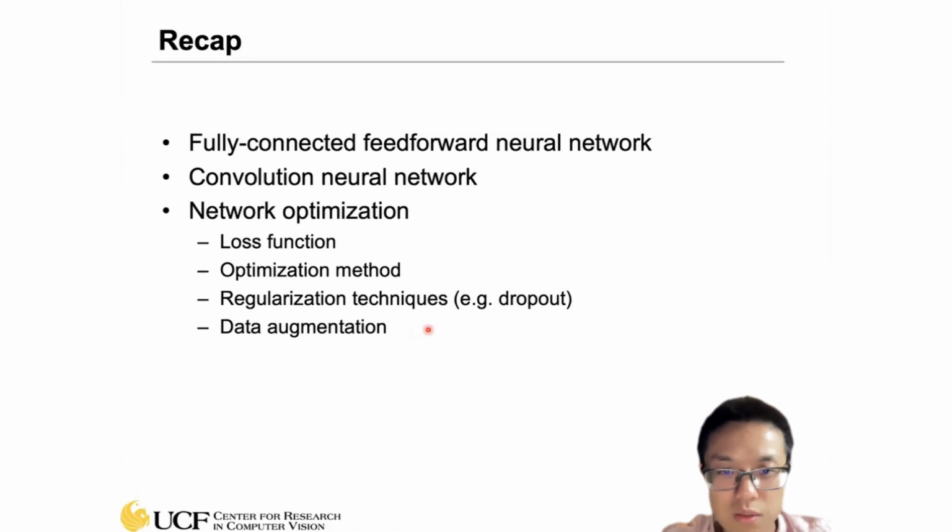So we mentioned a couple of regularization techniques that can alleviate the overfitting issue. For example, we can use dropout, and we can use weight decay, specifically penalizing those large parameter weights in the network. So these are the common techniques.